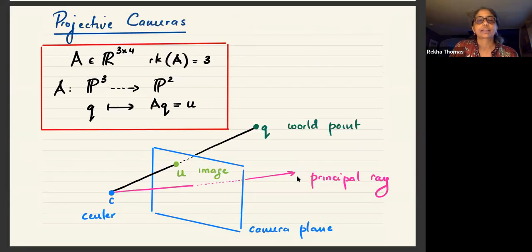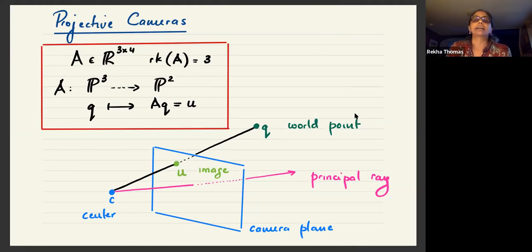Okay, so let me write this mathematically now. So the picture below is in R3. But the typical model is to bump this all up into projective space. So a camera is a map, which I will call A, from P3 to P2. It's a rational map.